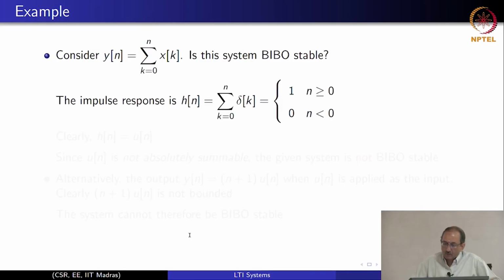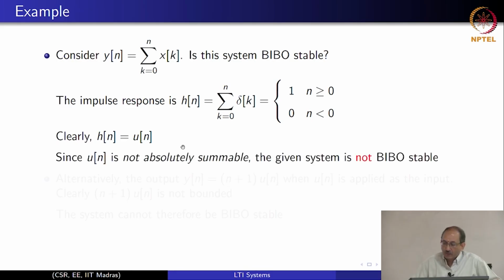And here is an example that we have already seen. So, we saw that the running sum is not BIBO stable, because if you applied a step, the output is a ramp which is not bounded, right. The impulse response of such a system is nothing but u of n, because if you compute the running sum of the impulse, it is nothing but the unit step, and clearly the unit step is not absolutely summable.